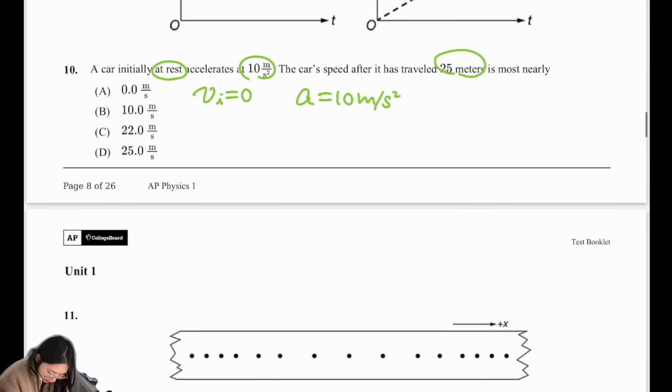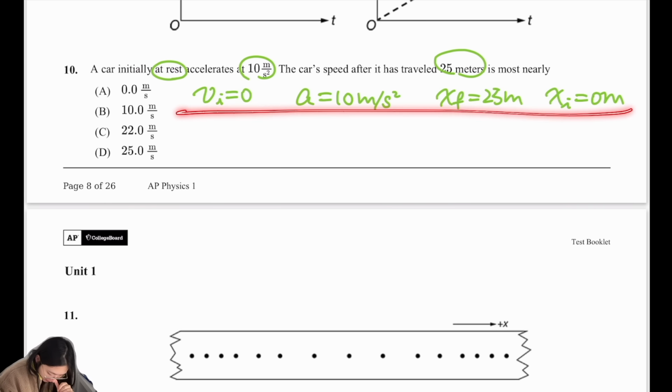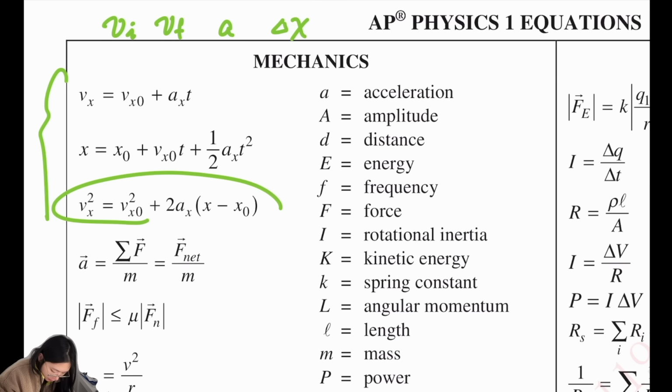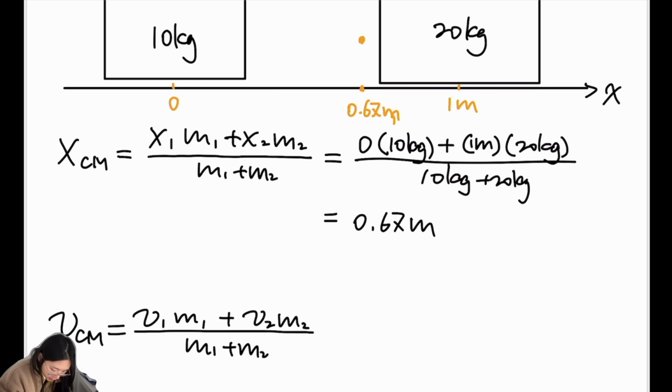After it has traveled 25 meters, its final position is 25 meters, assuming that its initial position is 0 meters. Now I have this information. Out of these three equations, I need to find the equation that has initial velocity, final velocity, acceleration, and the displacement. So the right one is equation 3. Equation 3 is the only one that contains all of these four pieces of information.